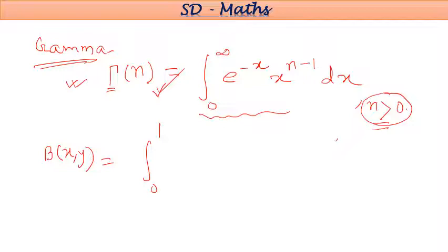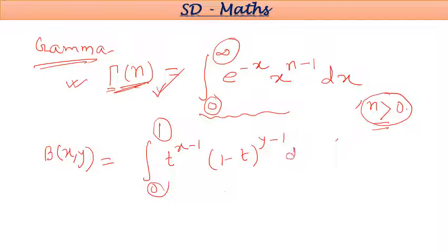One thing to note is that for the gamma function the limits are 0 to infinity, and for the beta function they are 0 to 1. Beta x y means t to the power x minus 1, 1 minus t to the power y minus 1, dt.